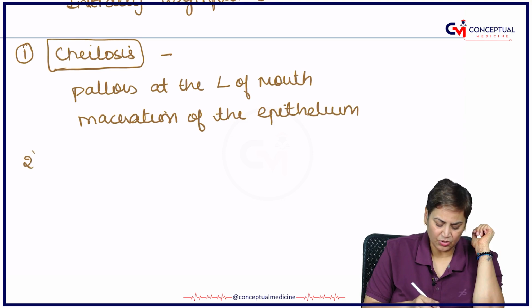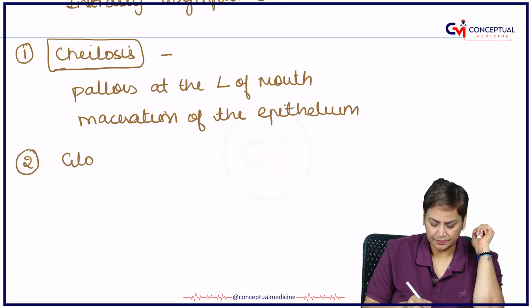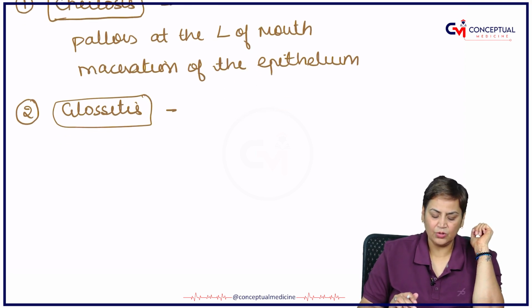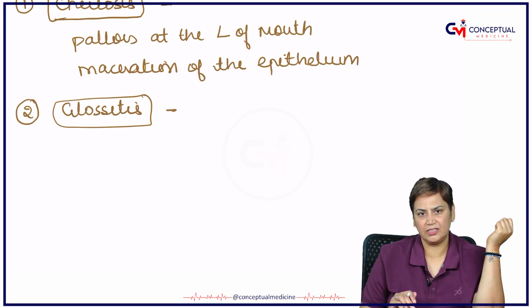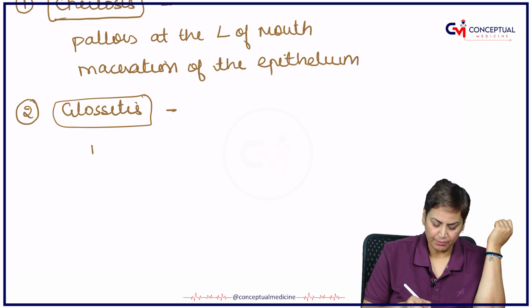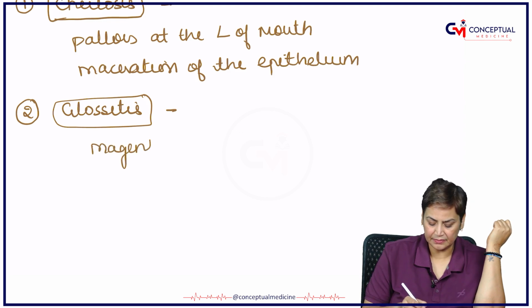Second, it will lead to glossitis. In glossitis, basically the color of the tongue changes. It turns into magenta, so a magenta color tongue is there.